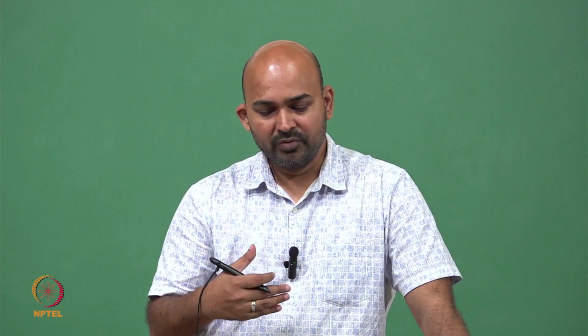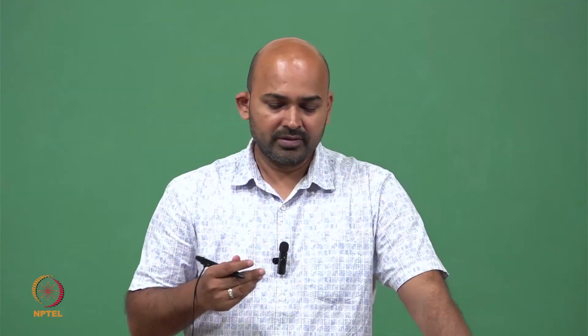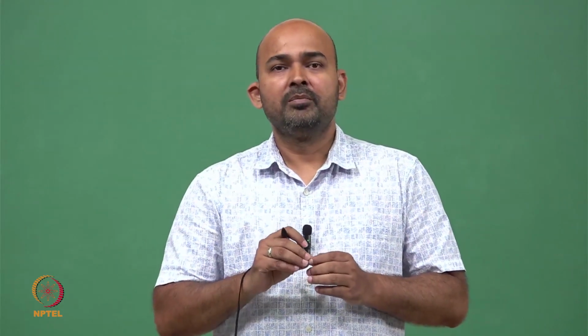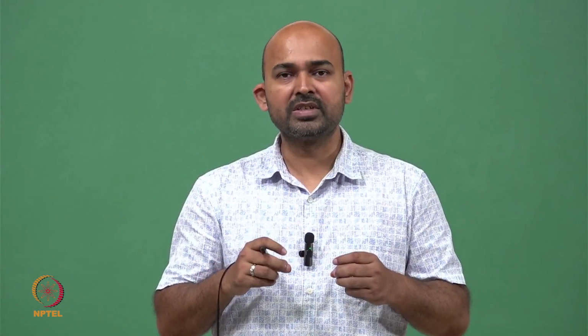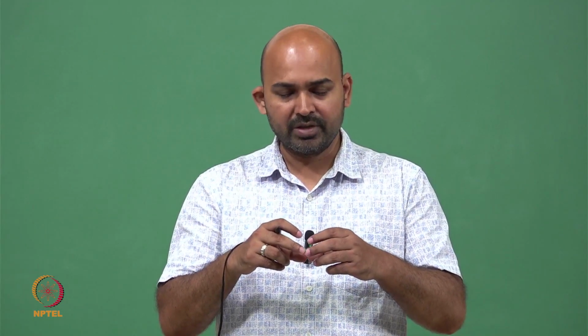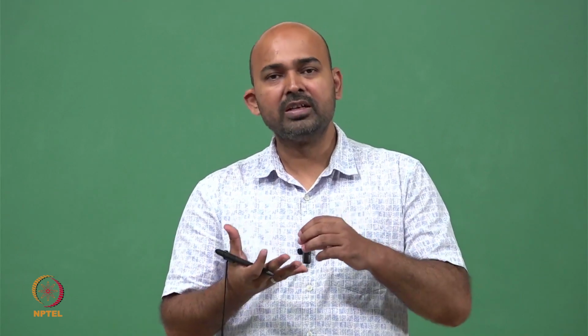Now let's see how we make these sensors. The first thing is we use these materials, but we want a very small size of sensor. So typically we go for the deposition of these materials on a certain substrate.